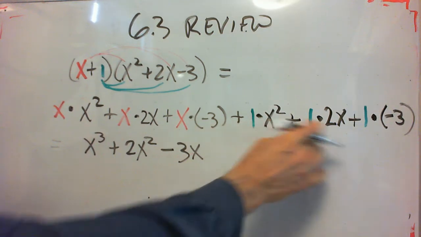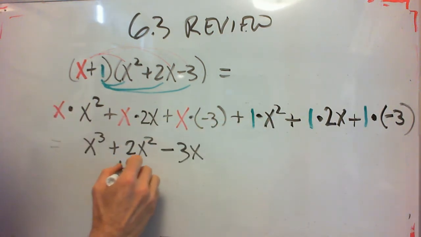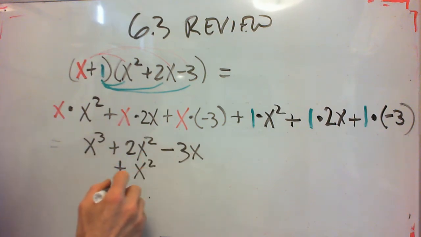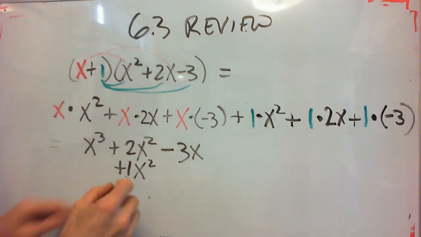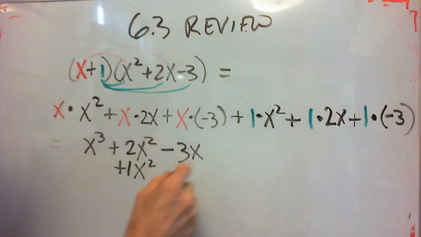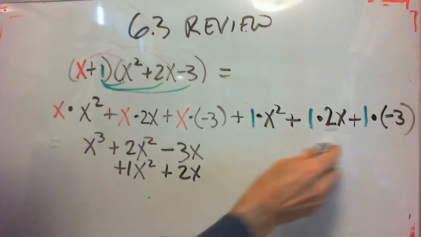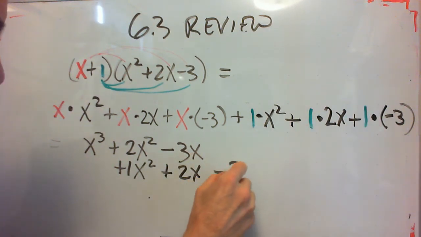Now, the second bunch of products, 1 times x squared is plus x squared or 1x squared. And you notice I put it under the other x squared. Then plus 1 times 2x is plus 2x. And then plus negative 3 or just minus 3.